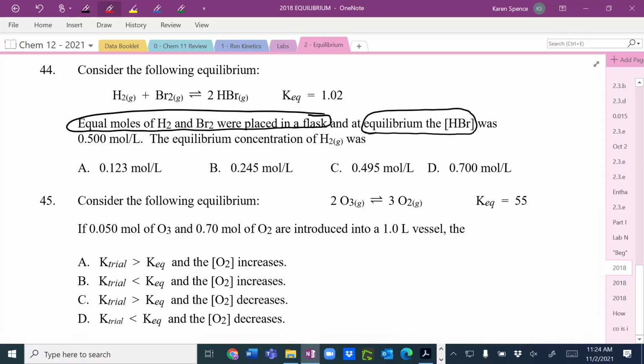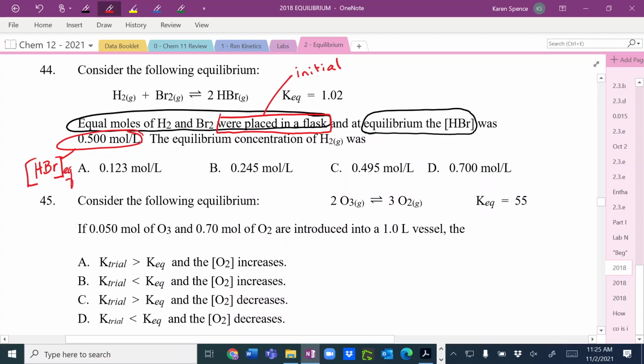So when it says were placed in a flask, or were mixed in a flask, or anything to do with putting them in a flask, that tells you those are your initial quantities, and obviously this is our HBr at equilibrium. So technically this is kind of like a race table, but not really, okay?